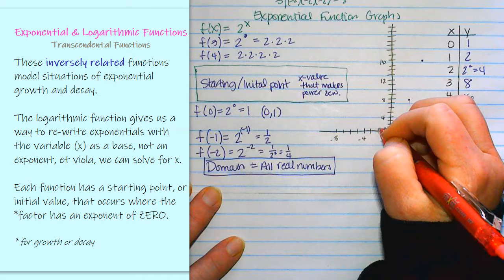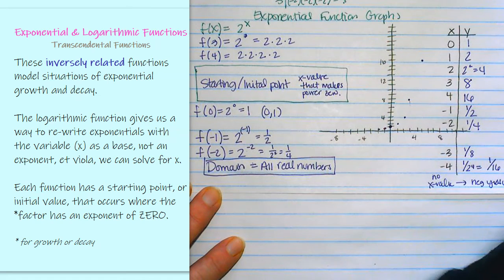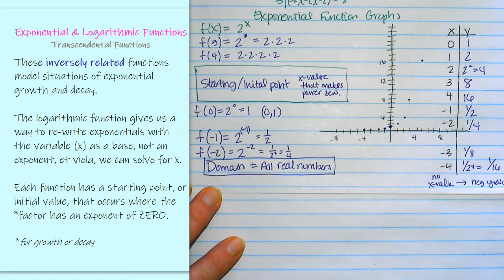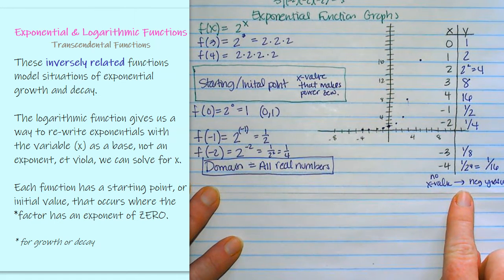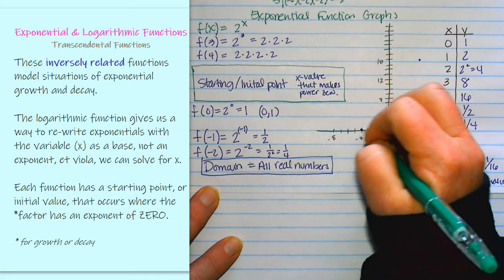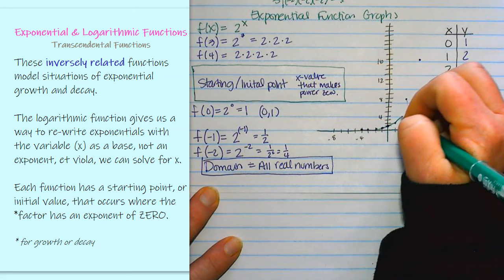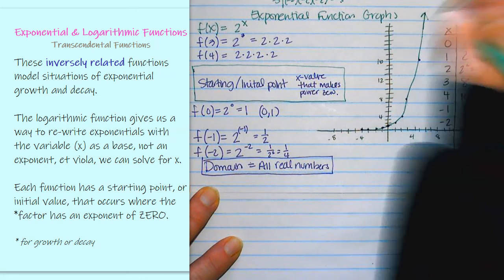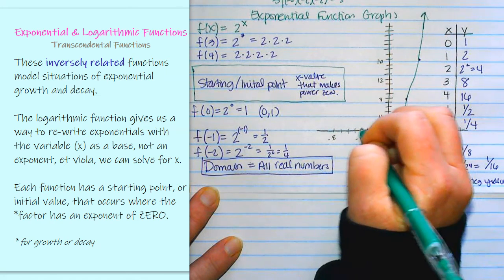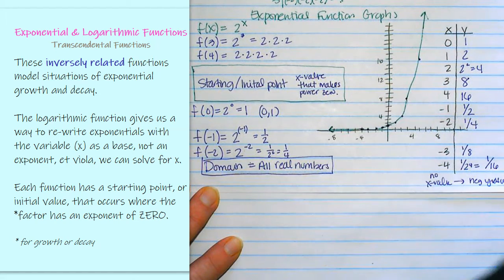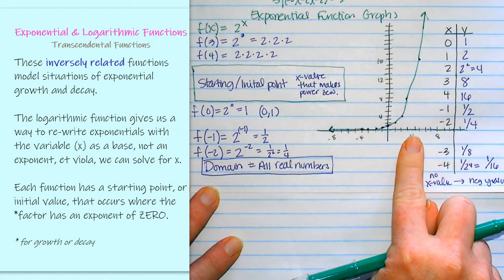And then going in the other direction, I've got -1 is 1/2. -2 is 1/4. -3 is 1/8. And they just get closer and closer to the x-axis. But as I noted before, they will not be negative. So when I connect these points, and if I keep going this way, they will just get smaller and smaller and smaller, but they'll hug the x-axis here.